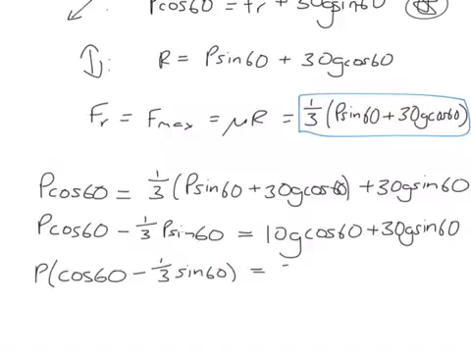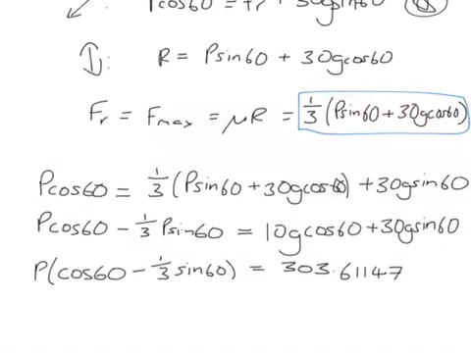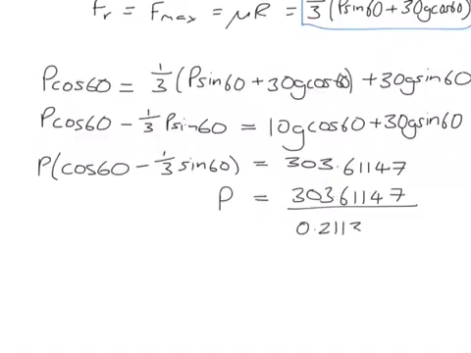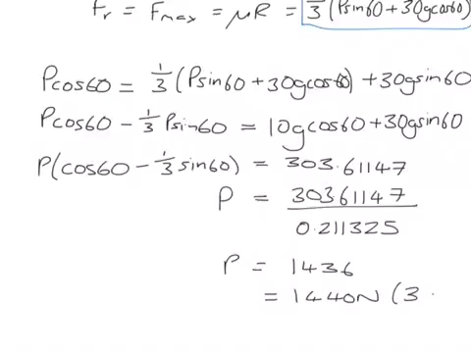And then when we bring that together, that will give us 303.61147. So in order to get P, all we have to do is move that bracket to the right hand side. So P will be 303.61147 divided by 0.211325. That's what the bracket turned out to be. So P will come out as 1,436, which will be 1,440 newtons to 3 significant figures.